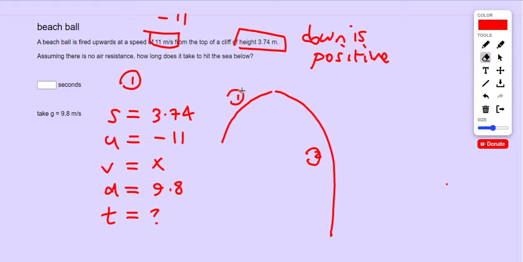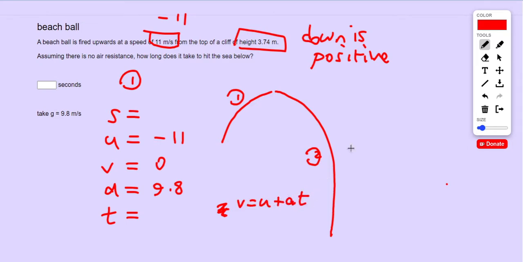Now for one, we don't know the distance that it will travel. We do know the acceleration, and therefore we can work out the time because velocity is 0. So I can use v equals u plus at to get the time, and I'll also need the distance from this one too.